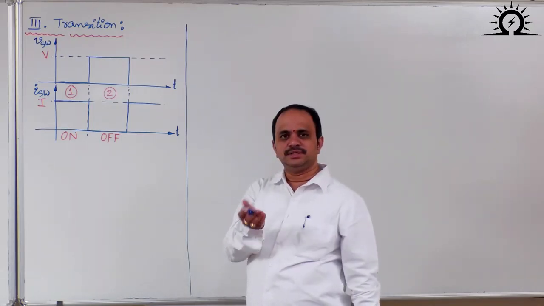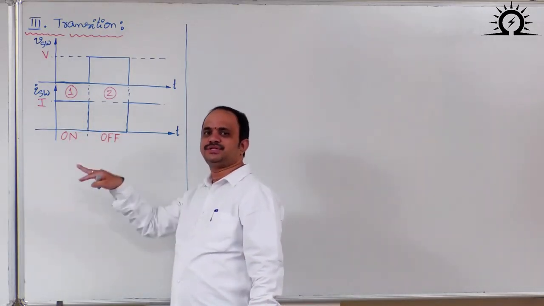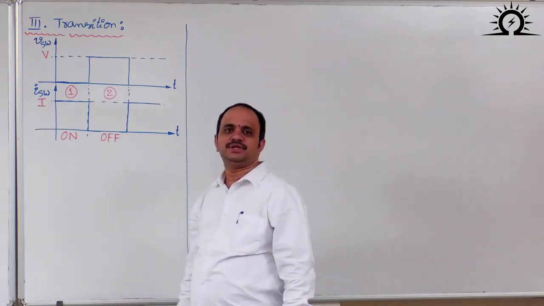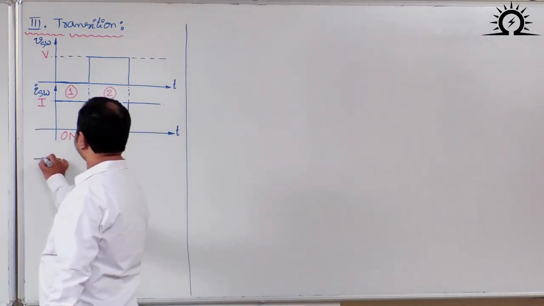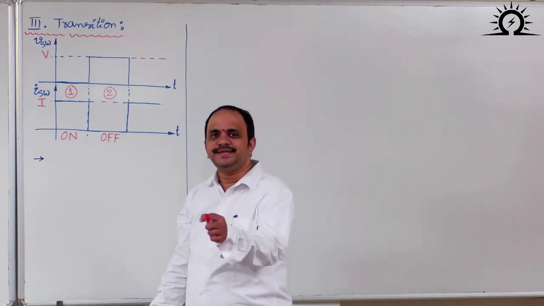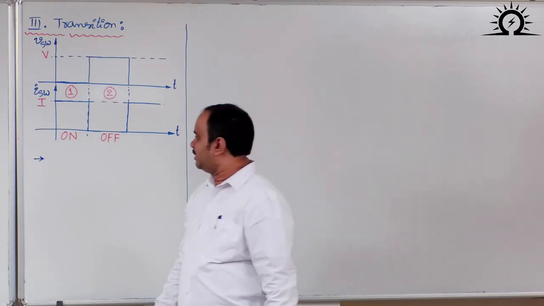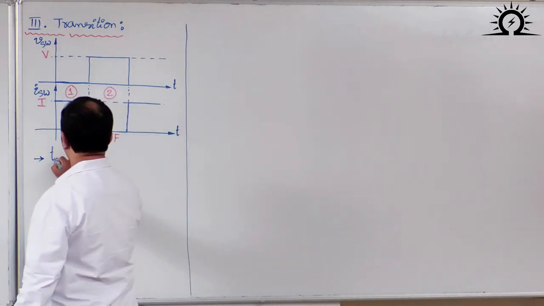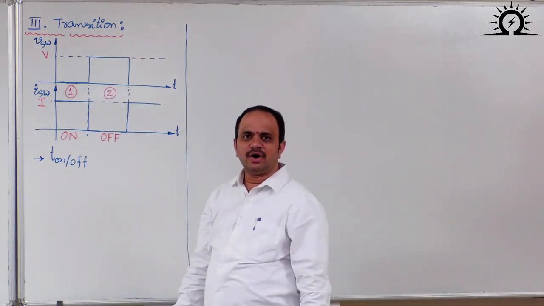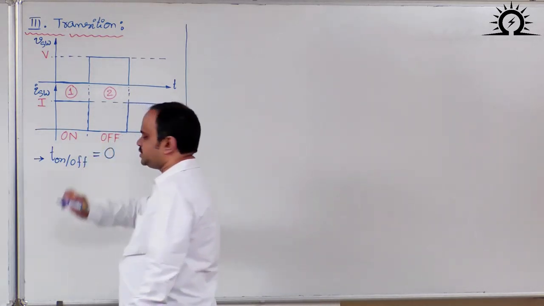I can say 0 time, 0 time for on to off transition. Similarly, 0 time for off to on transition. So ideal switch can change its state instantaneously. Mathematically it can be represented like this: time taken for on to off transition is equal to 0.